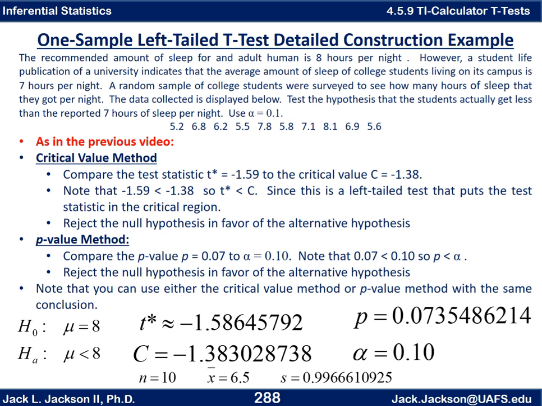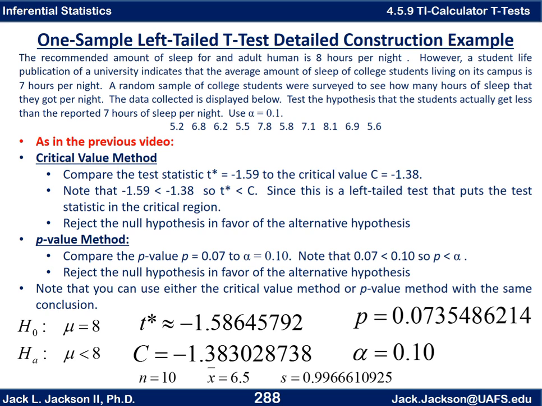The p-value method is probably the way you're going to want to do these because it's kind of the native way the calculator does it, and because of some other things too. When you report it, if you just report this p-value, someone else can look back and decide if they would make the same decision based on that p-value or not.